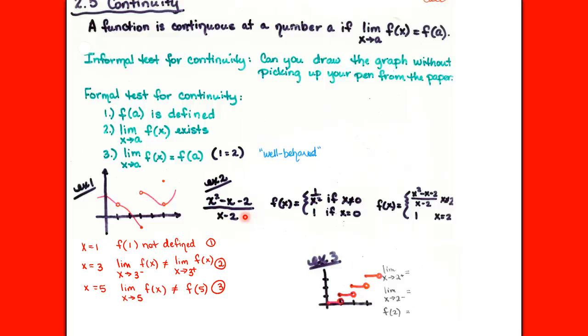This thing is going to have 0 in the denominator at 2. If I went through my 3-part definition to try and give a reason for why there's a problem here, the very first one right here, f of a is defined. My function is not defined at 2, right? So I can say, okay, I know I'm going to have a discontinuity at 2 because f of 2 is not defined. I might have a discontinuity somewhere else as well.